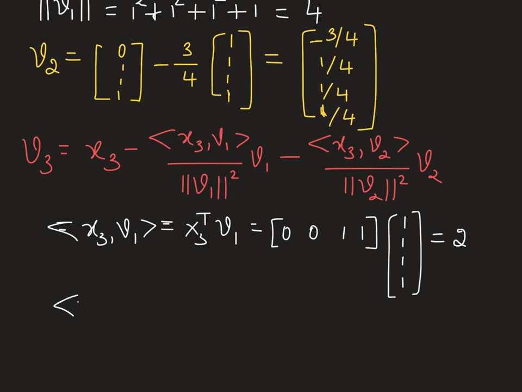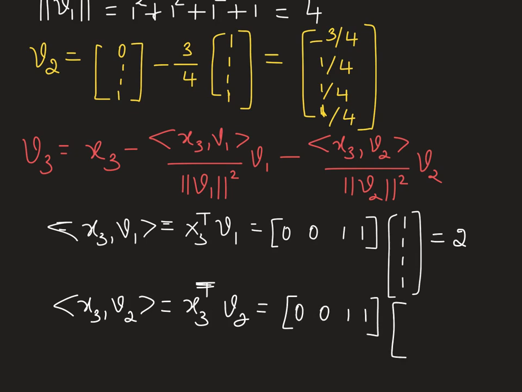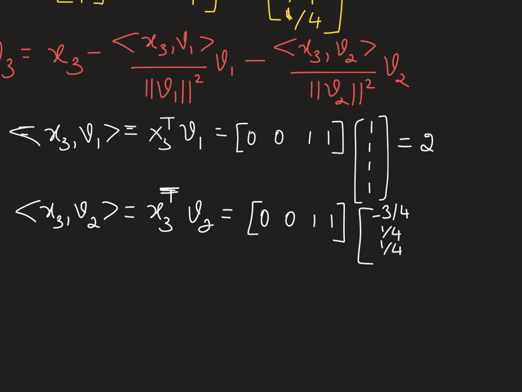And let's find the x3 and v2 inner product, that is x3 transpose times v2, where x3 transpose is 0 0 1 1, and v2 we got is minus 3/4, 1/4, 1/4, 1/4.